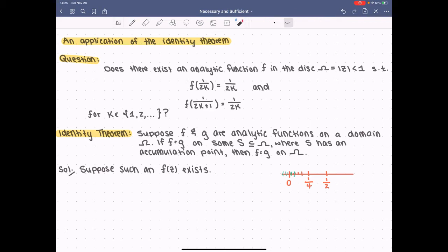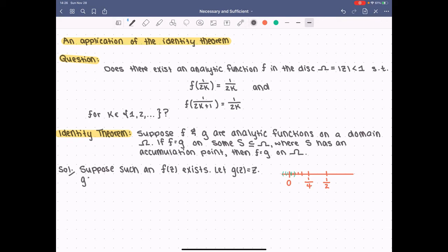So remember, we need this s living in omega with a limit point. This is the one that we're going to want to use. So now we need to figure out what g we want to use. So I'm going to say let g of z be equal to z.